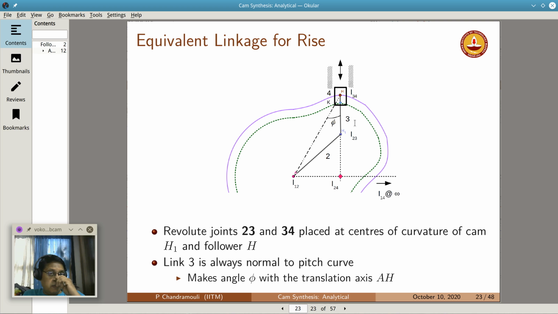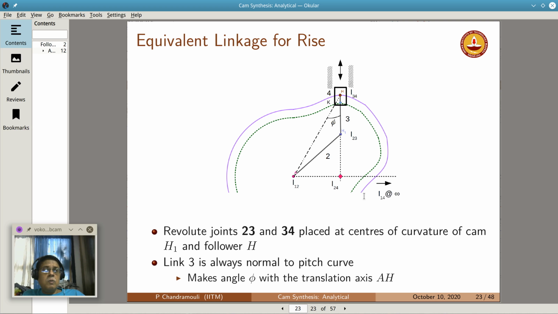So 3 is normal to the pitch curve, and it makes an angle of phi to the translation axis, which is known. So this angle phi is, this is the translation axis, right, in the inversion. And this is the normal to the pitch curve at that particular point.